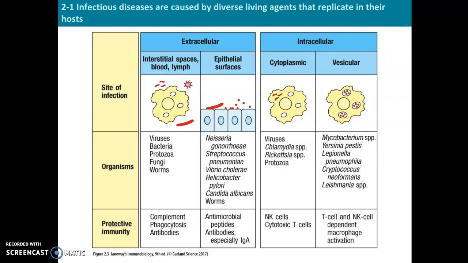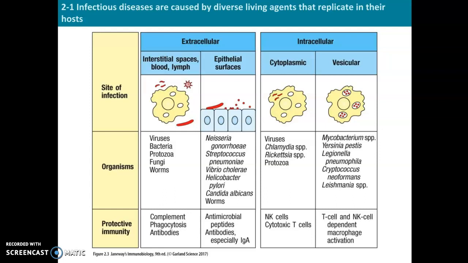The way we're going to go after them is through antimicrobial peptides and antibodies, especially IgA, because IgA can cross into the lumen of the gut. Not all immunoglobulins can cross into the gut lumen, but IgA is really famous for doing that.